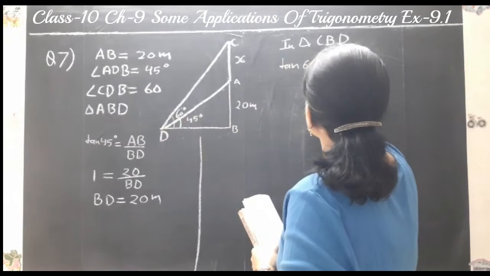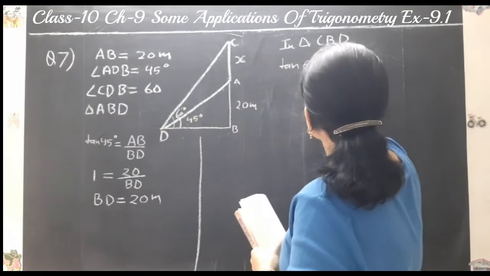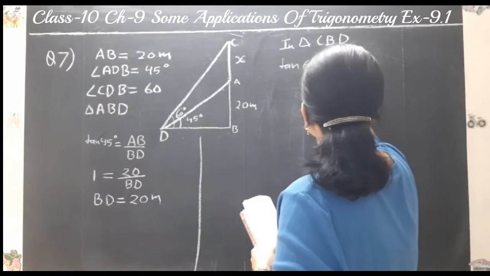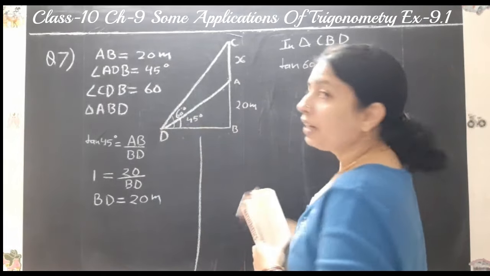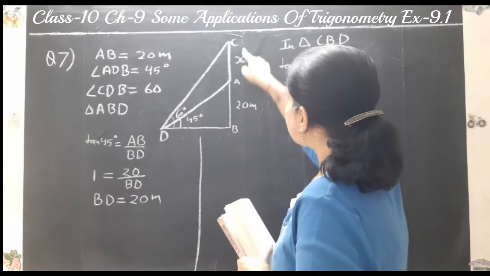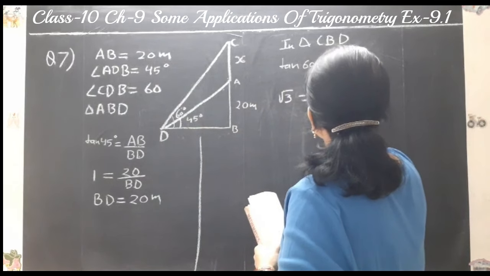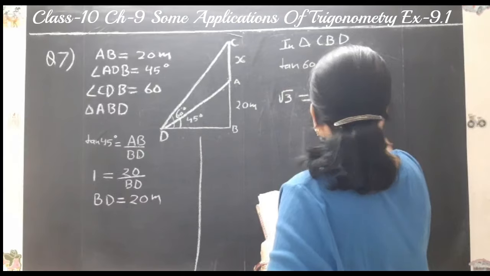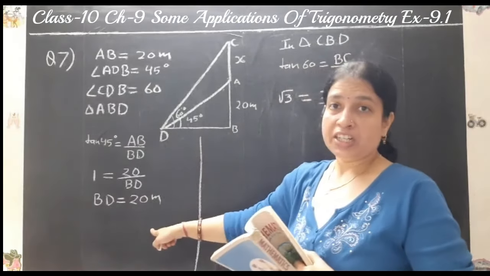So tan 60 will be BC divided by BD. Tan 60 is √3. So here √3. What will be BC? BC will be 20 plus this x. And what is BD? BD is 20 meter.